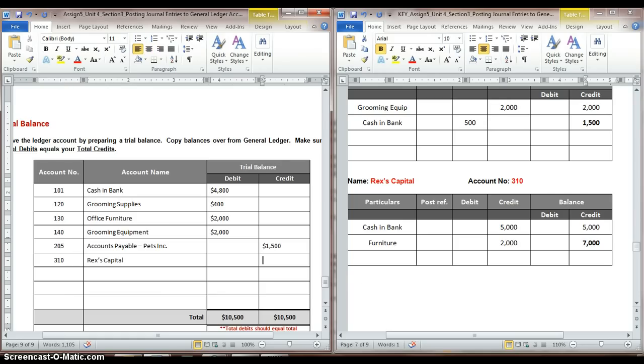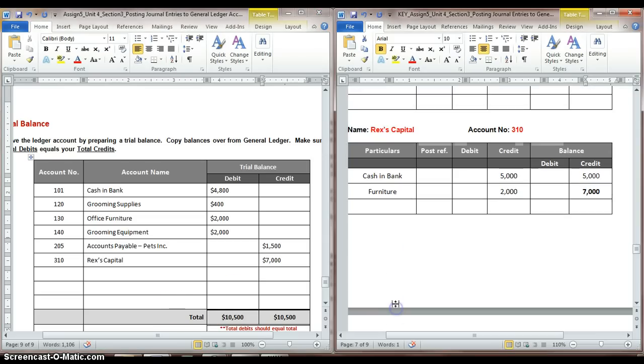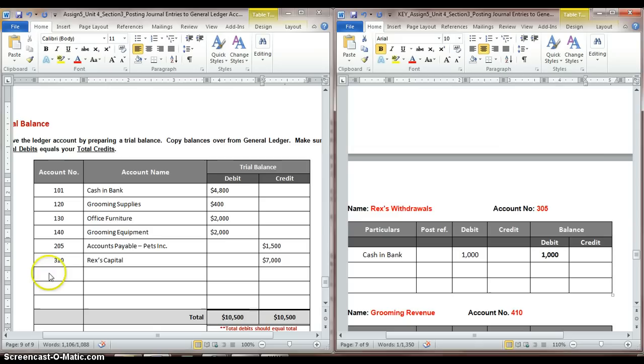Also a credit balance, this one of 7,000. I always forget my dollar signs up here. Then we have our next account, 305, Rex's Draws, and it says a debit balance of 1,000.